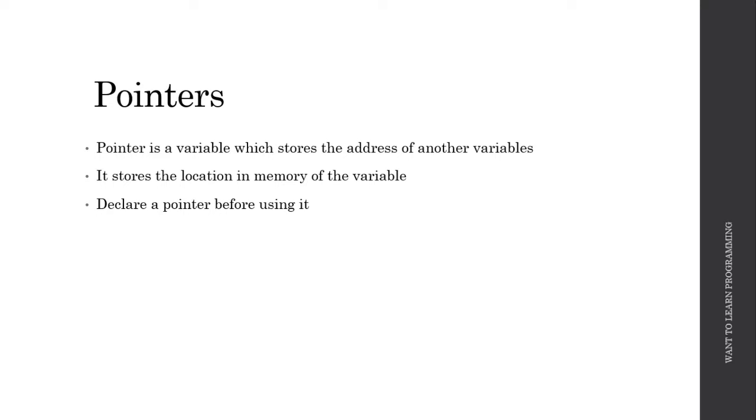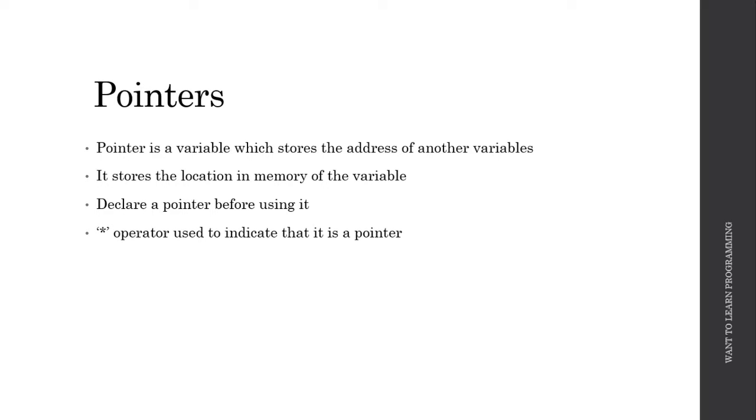We need to declare a pointer before using it. Like how we use int and char for declaring variables of integer and character, we have to declare pointers before using them. Here we come to two operators that we use with pointers.